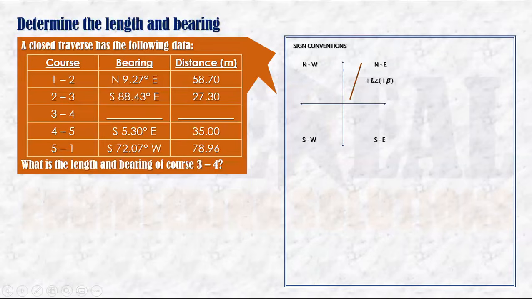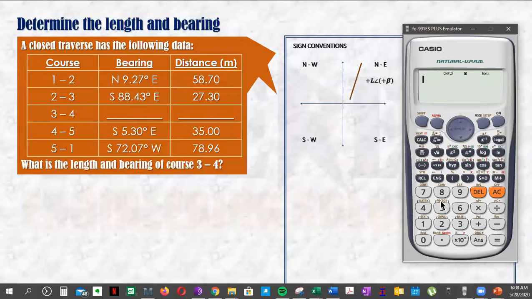So, if I'm going to evaluate that, 58.7 angle 9.27 degrees. So, as you can see, it will give you both, no? The real part and imaginary part positive. Okay? And if possible, you are to fix the number of decimal places here. No?